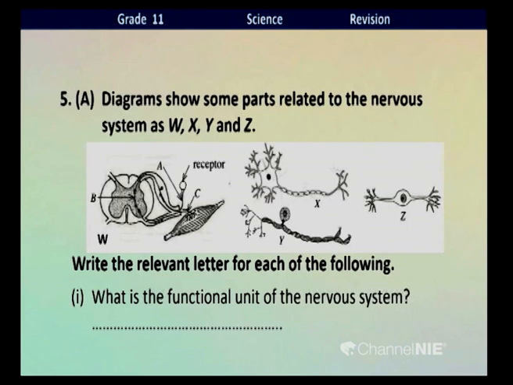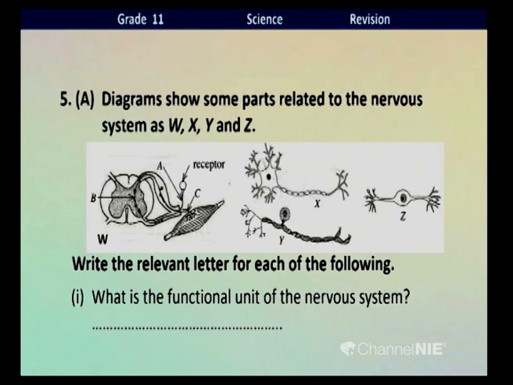Before we talk about the reflex arc, just try to remind reflex actions that we have learned. What is a reflex action? Reflex action is an autonomic, quick response to a certain stimulus.